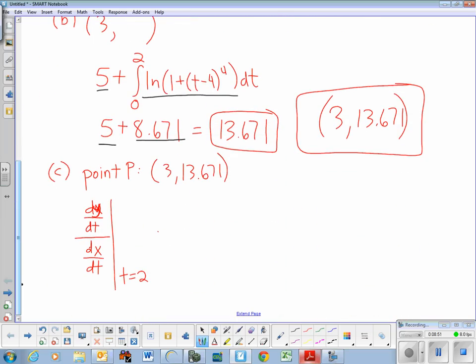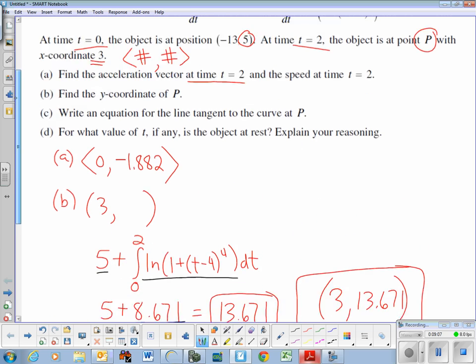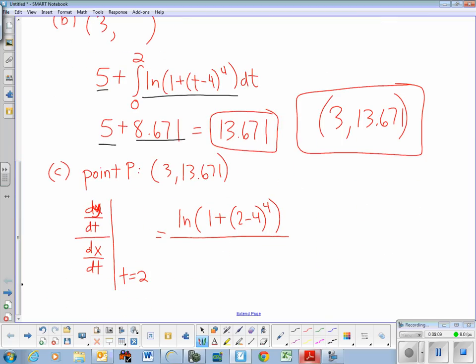So that's the natural log of 1 plus 2 minus 4 to the 4th, and that's 2 subbed into dy/dt. 2 subbed into dx/dt, forgot dx/dt, 12t minus 3t squared. So that's 12 times 2 minus 3 times 2 squared.